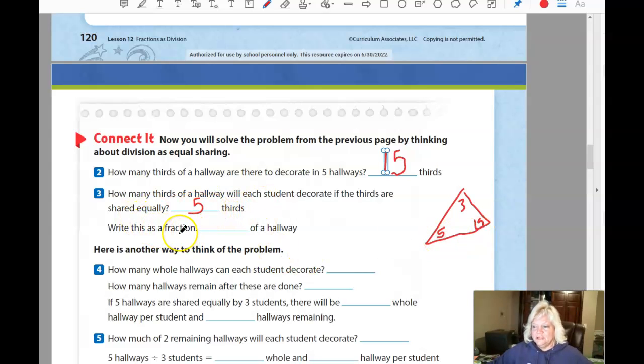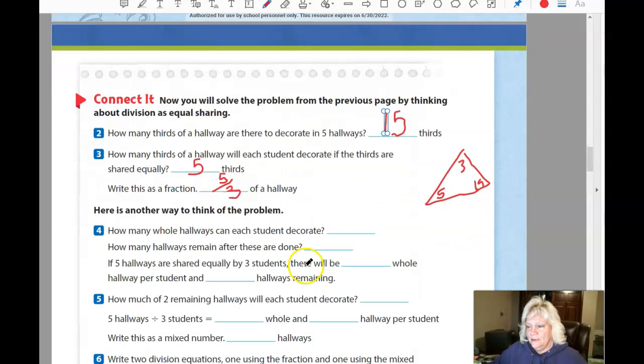Write a fraction of a hallway. So each student has to do 5 thirds of a hallway. Okay, now here's another way to think about it. How many whole hallways can each student decorate? 1, because there were 5 hallways. So if each one does 1, that leaves me down with 2. How many remain? 2.